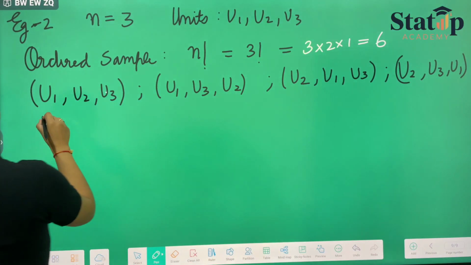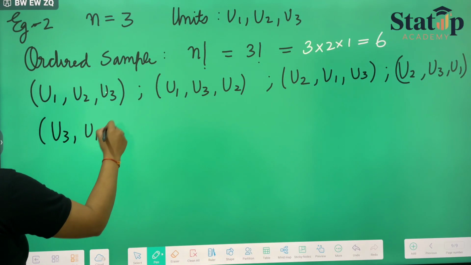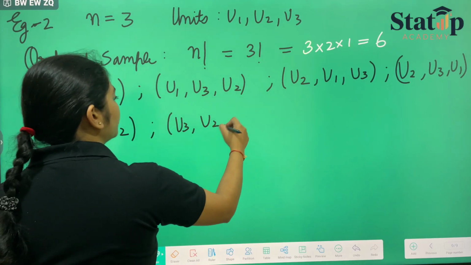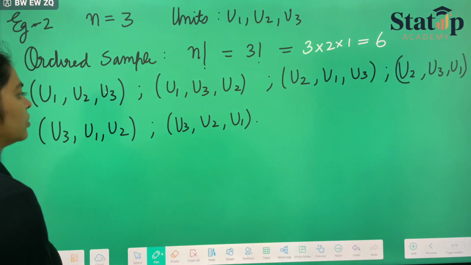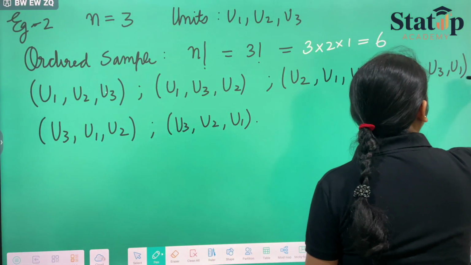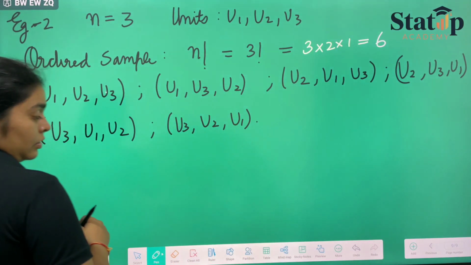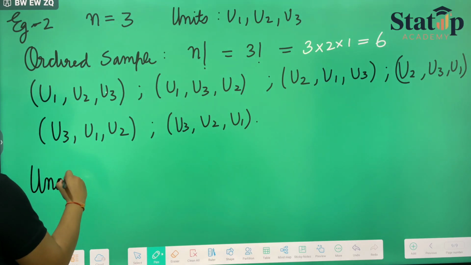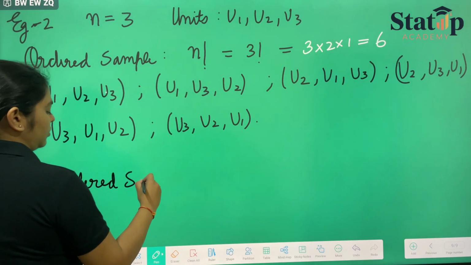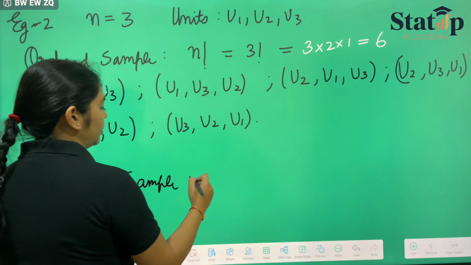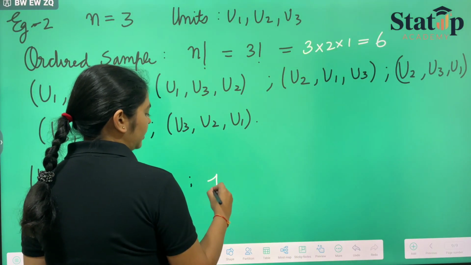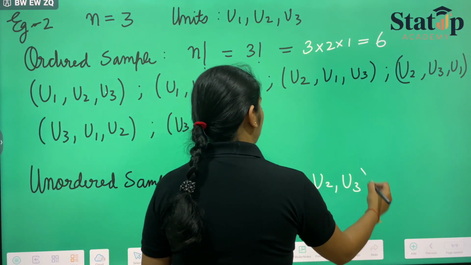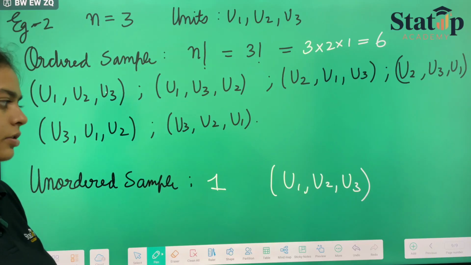The fifth sample would be U3, U1, U2, and the sixth sample would be U3, U2, U1. So these are the six ordered samples, and the unordered sample is one only, because we are not considering order, and that would be U1, U2, U3. It doesn't matter which one is drawn first, which one is second, and which one is third.